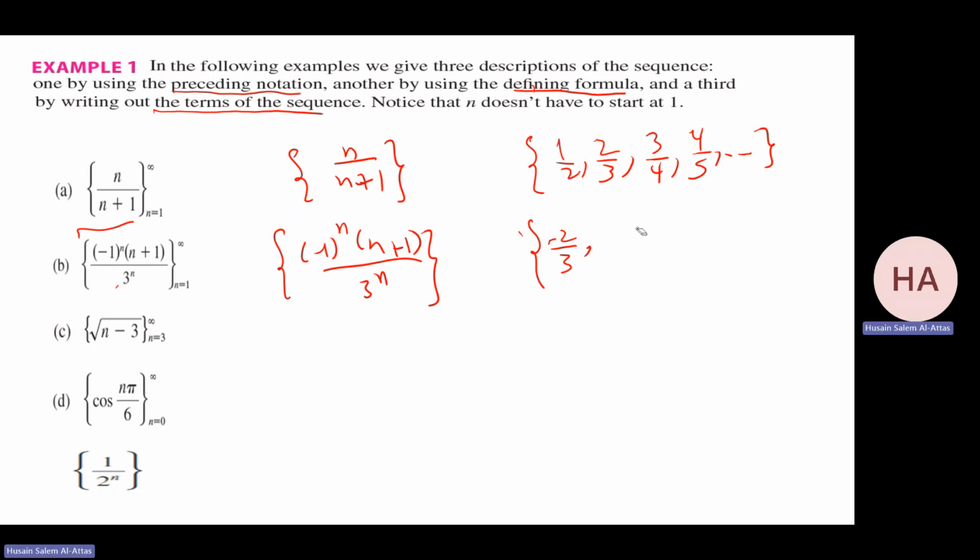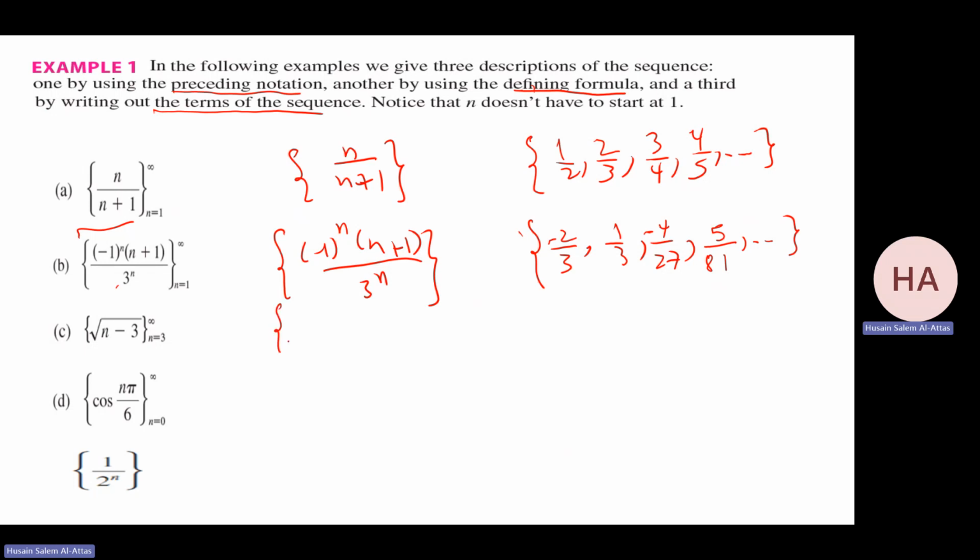So write it 1 over 3. n equals 3, you have negative. You have 4 over 3 to the power 3, which is 4 over 27. n equals 4, I have what? This is minus. This I have 5 over 81, 3 to the power 4, and so on.